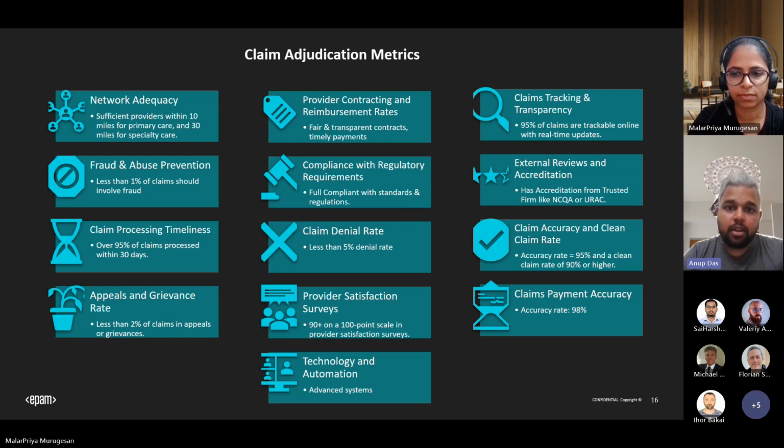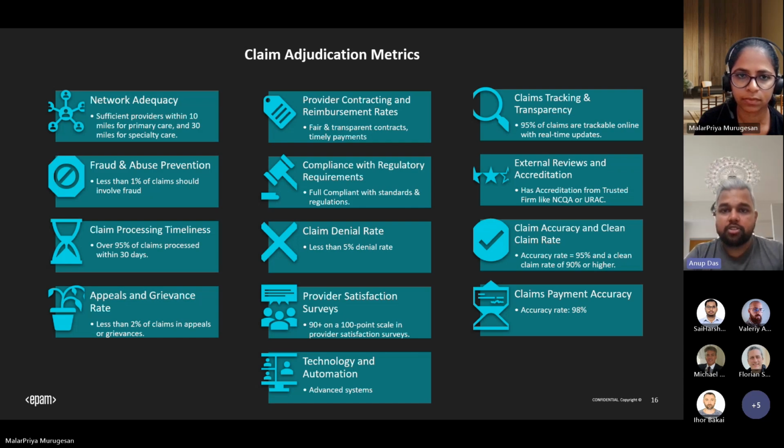The next area where the metrics help is fraud and abuse prevention. Here MCOs make efforts in detecting and preventing fraud, waste, and abuse in claims processing. Anti-fraud programs, data analytics, and proactive monitoring help mitigate these activities.